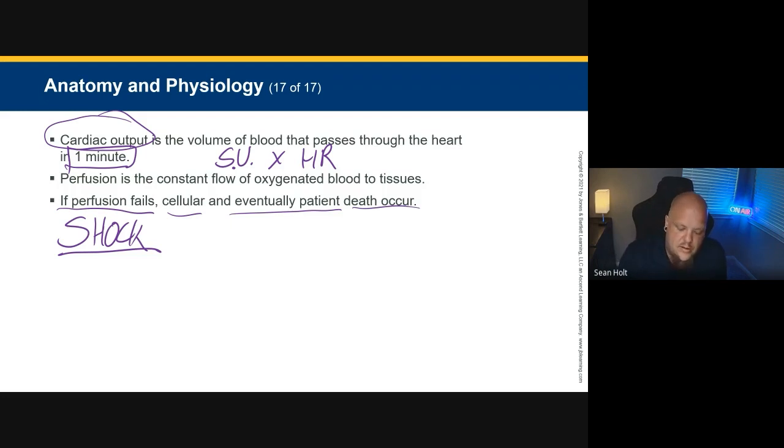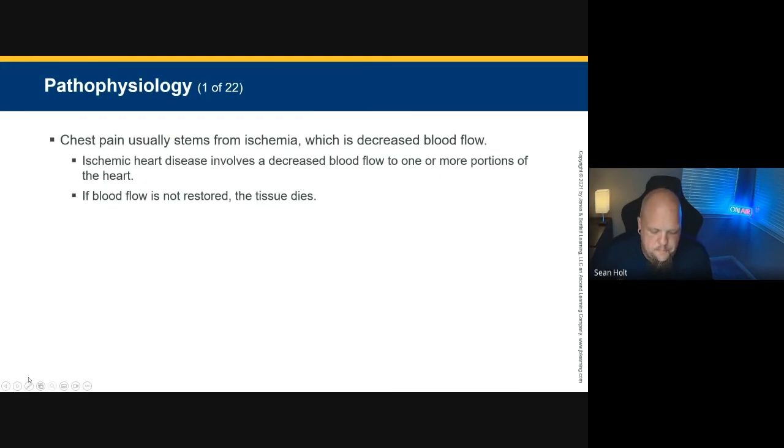Okay. Shock leads to death. So we need to treat shock. There's a mnemonic that we use to treat shock. Don't forget your BOLT mnemonic. The blanket, oxygen, lay them down appropriately if it's appropriate, and transport, rapid transport. All right.